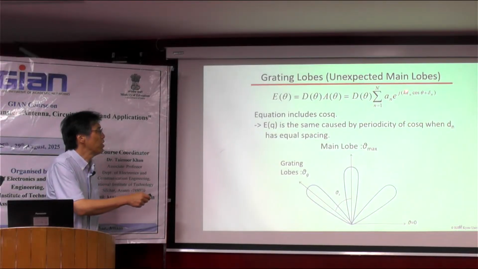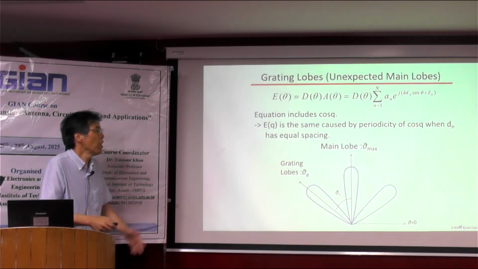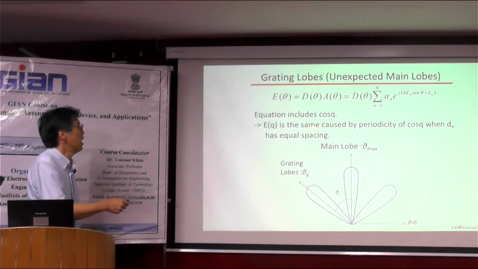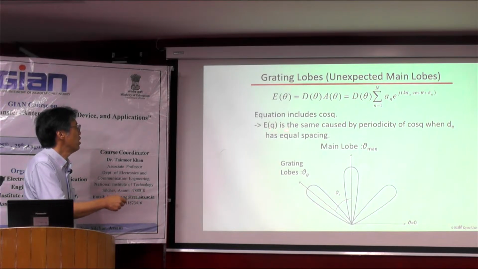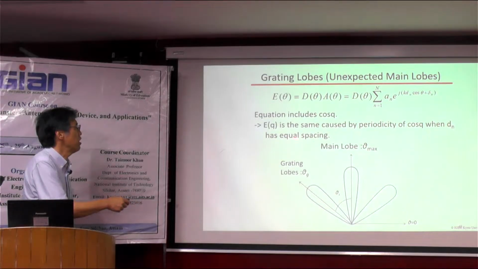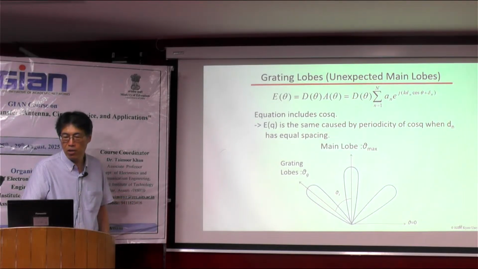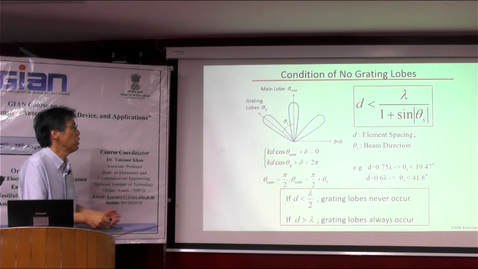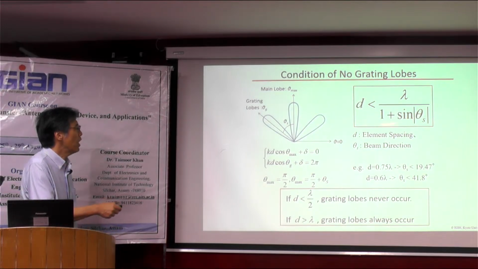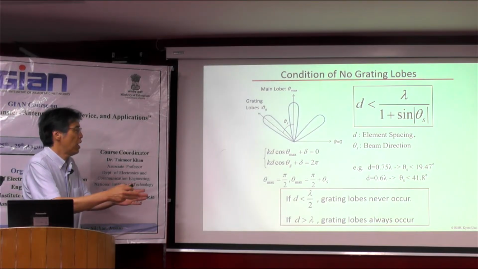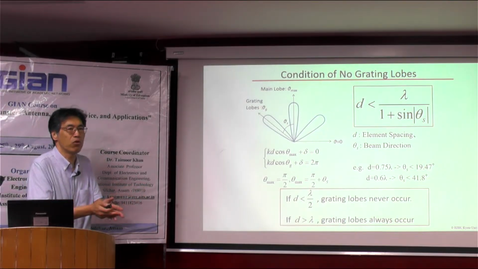So if d becomes very large, when we change the initial phase, the array factor is the same value periodically in cosine theta when d_n is equal spacing. So based on this equation, it's easy to estimate how much grating lobe occurs at what degree we control the beam direction.